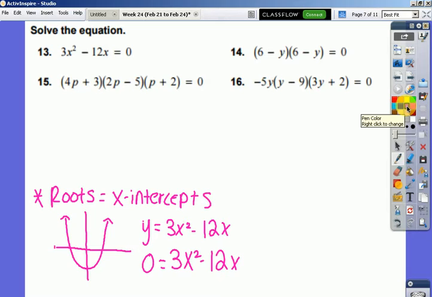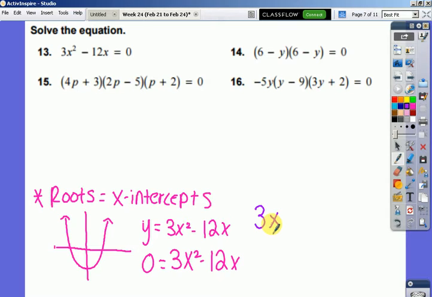What is that GCF? 3 what? 3x. Remember that what makes factoring different now in Algebra 1 is that we're accounting for the variable as well. So we have a 3 that we can pull out, and also an x. What I ask myself is, what at most can they share in terms of the variable?